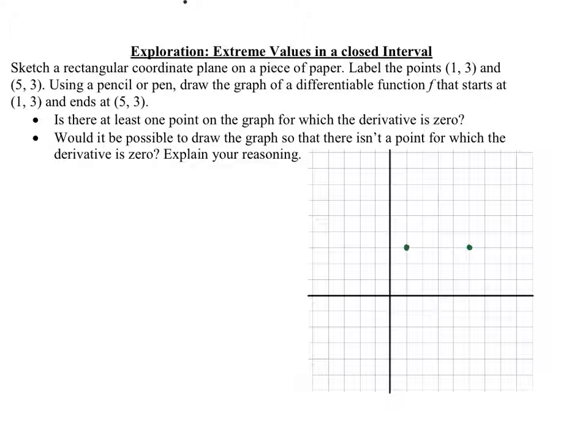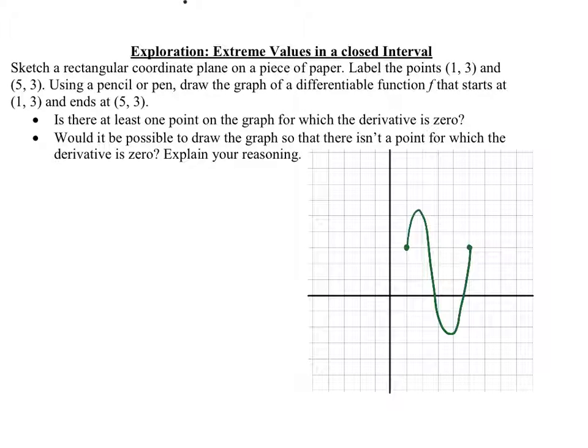A straight line is always zero. Yeah, that's fine. What about a straight line? Is there anywhere on there that the derivative is 0? Everywhere. How about anywhere else? A lot of you had part of a parabola, or something like this.